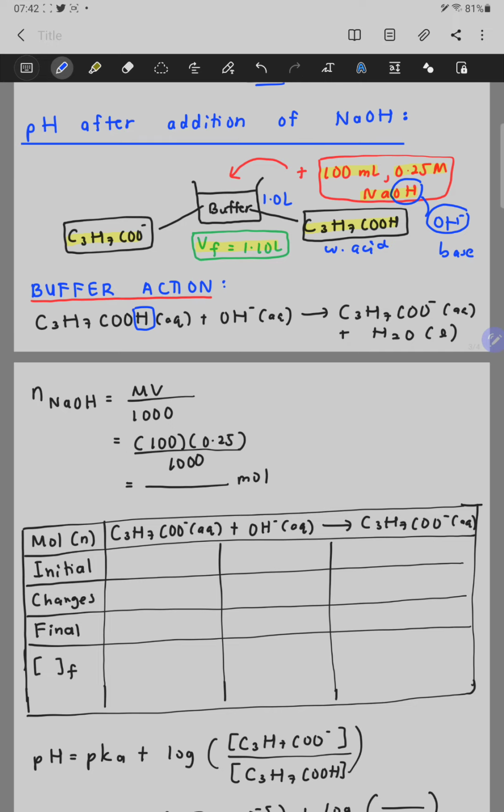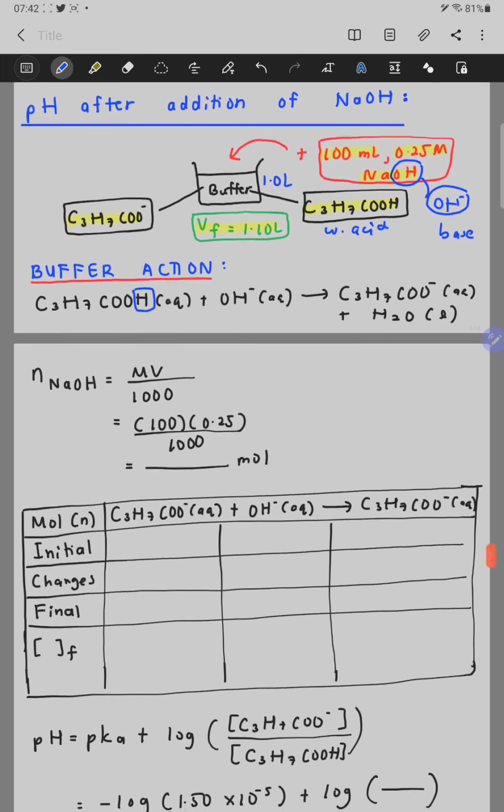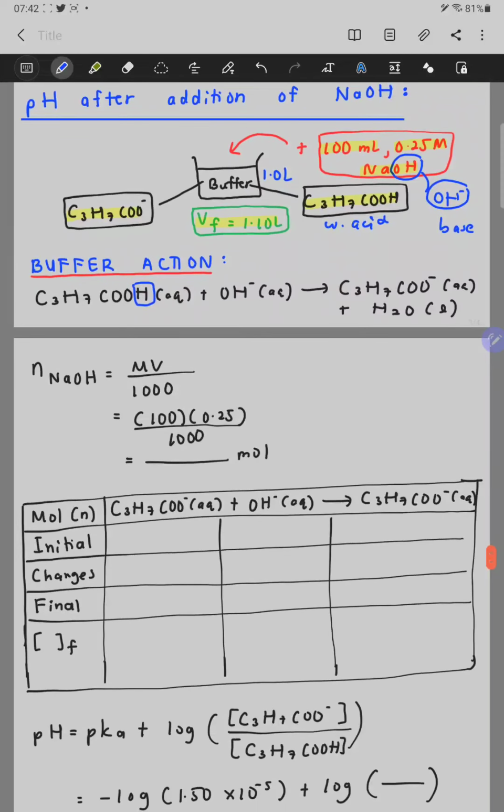Okay. Right. So before kita nak cari pH after addition of sodium hydroxide, disebabkan berlaku perubahan pada final volume of buffer daripada 1 liter menjadi 1.10 liter, maka ice table kita sama juga macam tadi, kena dalam bentuk number of mole. So we need to find the number of mole of sodium hydroxide menggunakan formula MV over 1000.